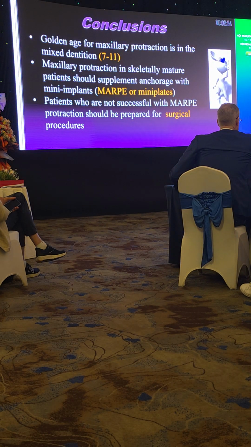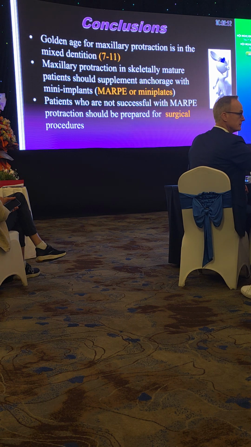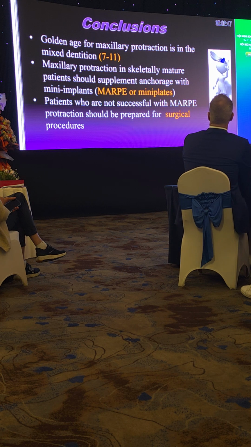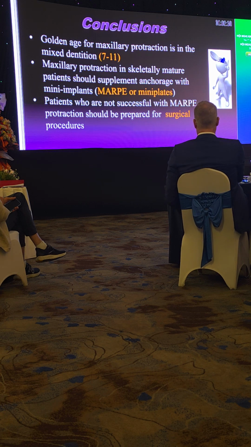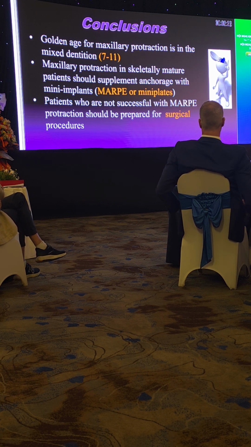So I'm going to conclude my lecture because I answered 3 questions. The golden time for doing maxillary protraction, if the patient wears the face mask, is 7-11, all right? If the patient doesn't want an expansion appliance, you can choose clear aligners with the buttons already, and also design your appliance to have maximum retention while the patient is wearing it.